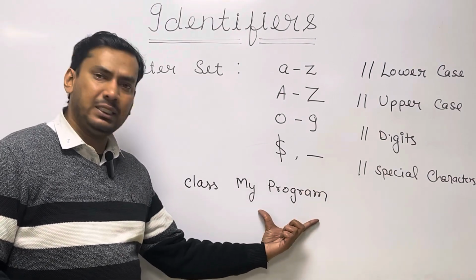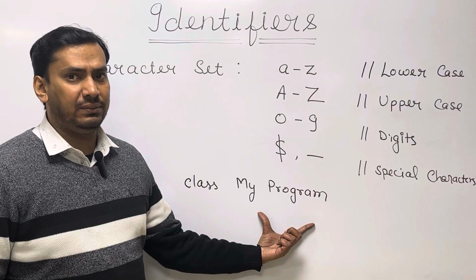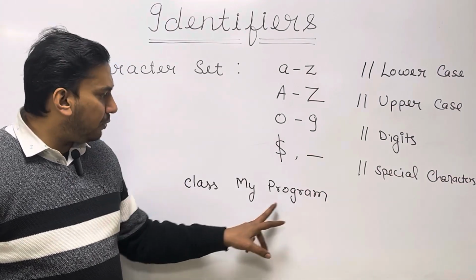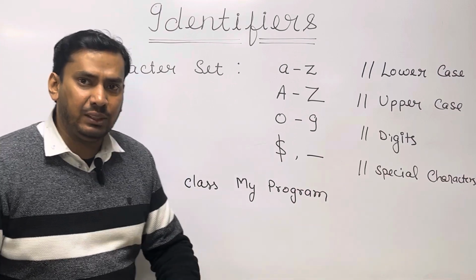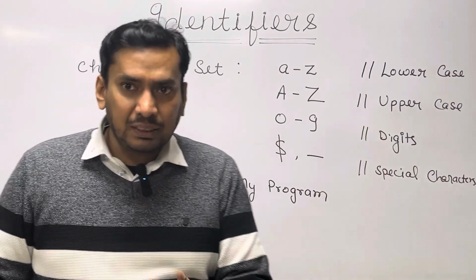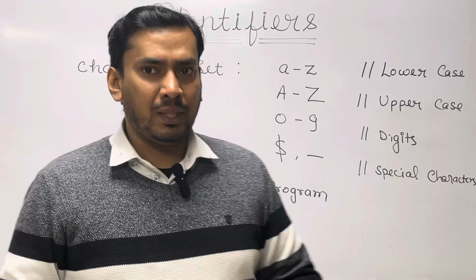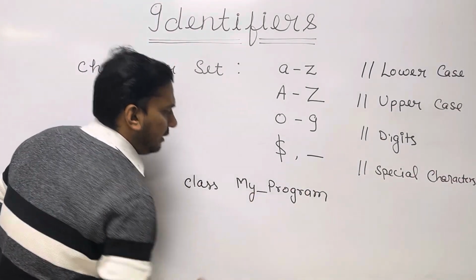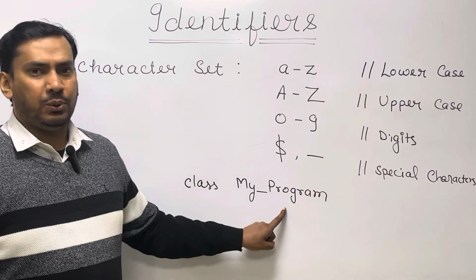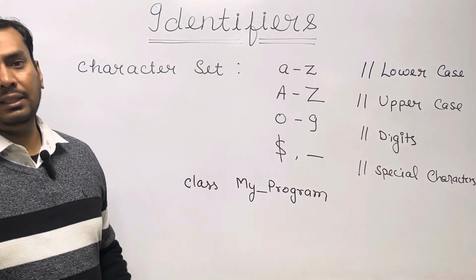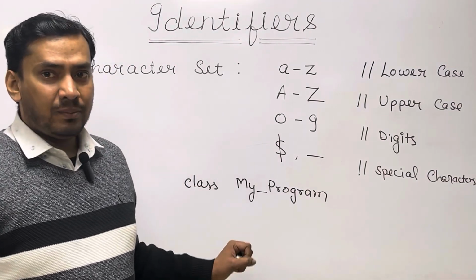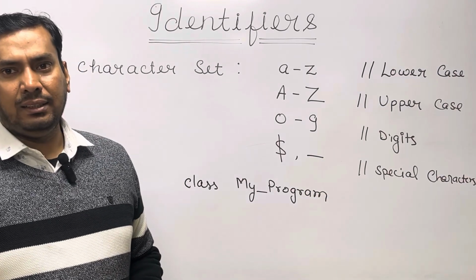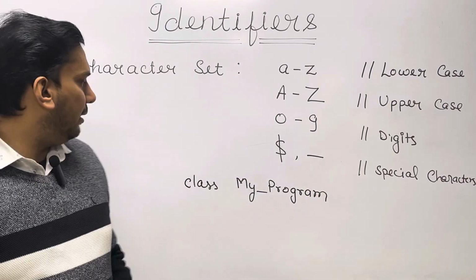This "my space program" is an invalid identifier and this program will not compile. Generally when you write something, space is used to create visibility. So if you want that, you can use my underscore program. This is the reason for providing underscore as a special character in your identifier.